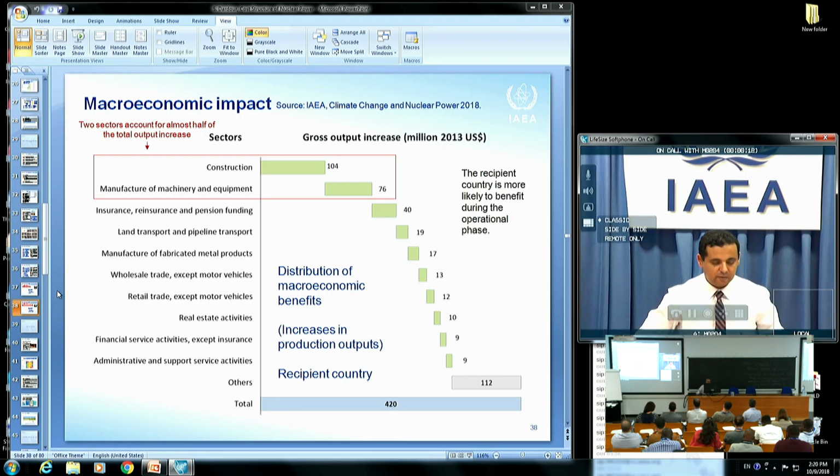Slide 38 shows the impact a nuclear project can have on the country in which a nuclear power plant is being built. In this country, two sectors account for almost half of the total output increases, which are construction and manufacture of machinery and equipment.